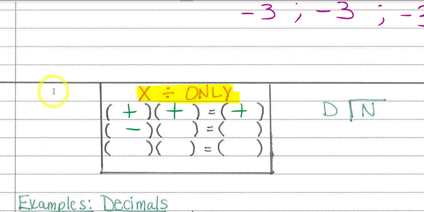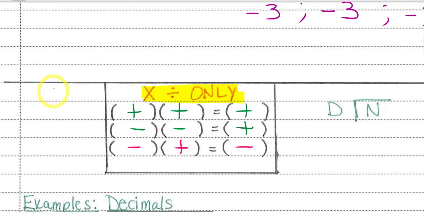If both of the numbers being divided are negative, your answer will also be positive. However, if one of the numbers is negative, the other one is positive, it doesn't matter the order. I could have the first one positive, this one negative. Either way, it's going to be a negative answer. So my students should know this by heart at this point. We've done it so many times.